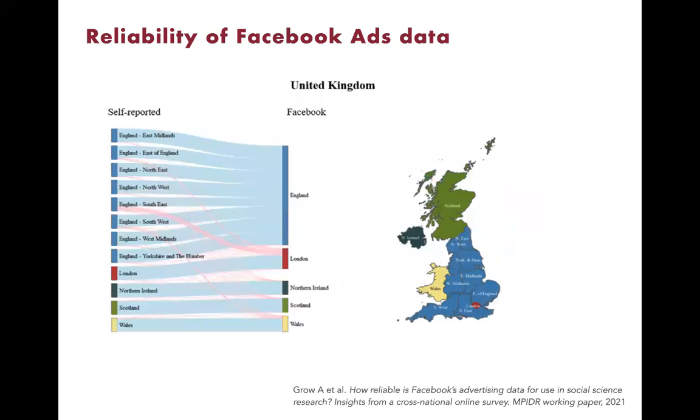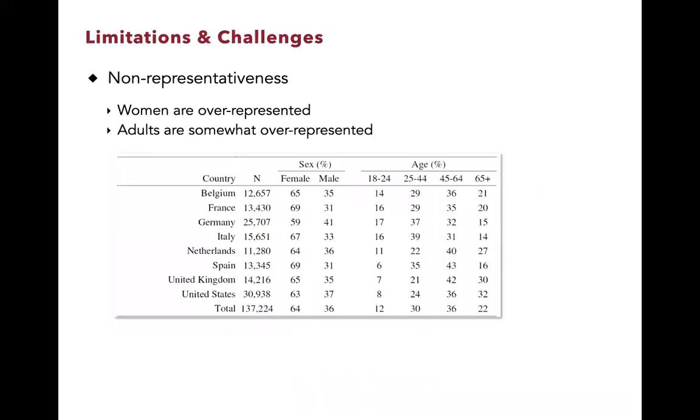And something similar in the UK, where most of the misclassification for London concerned people who reported to live in the surrounding region of east and southeast of England. Okay, of course, our study comes with limitations and challenges.